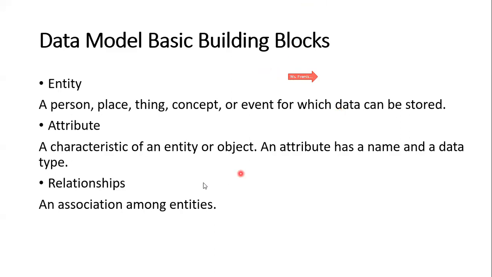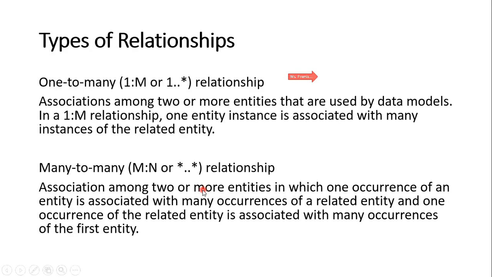So I guess you have some clear idea of entity, attribute, and relationship. The next thing is types of relationship. When it comes to relationships, we have many types. Those types depend on the entities connected at the two ends.